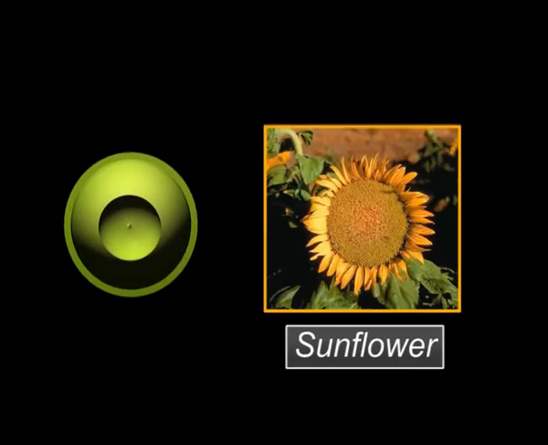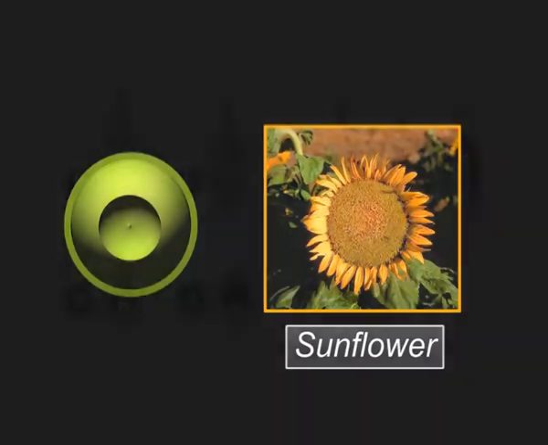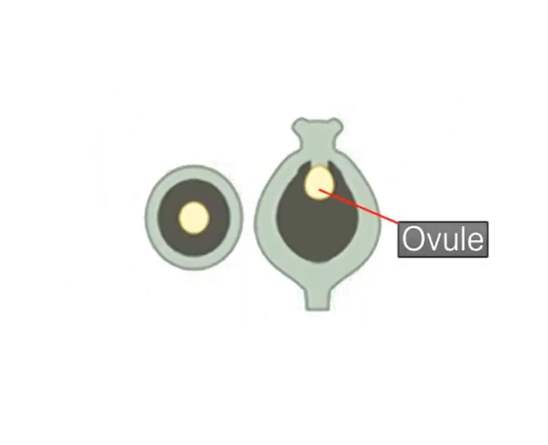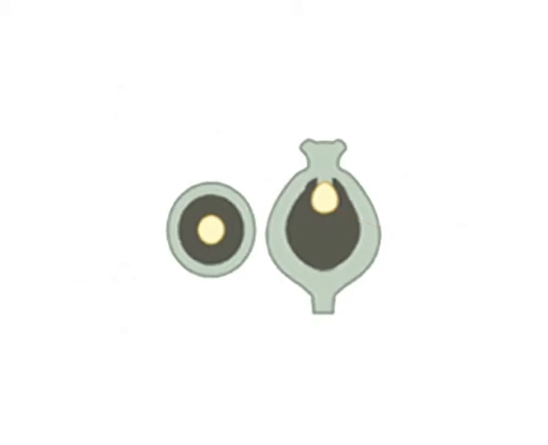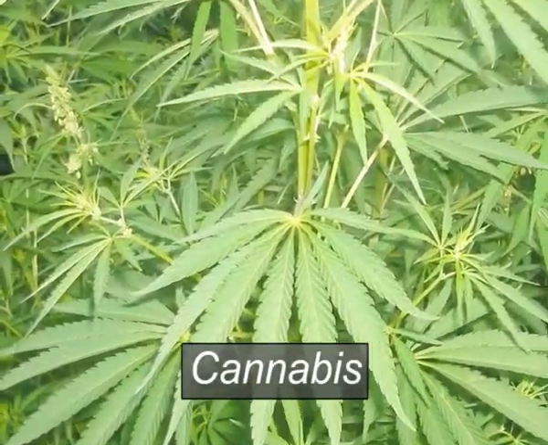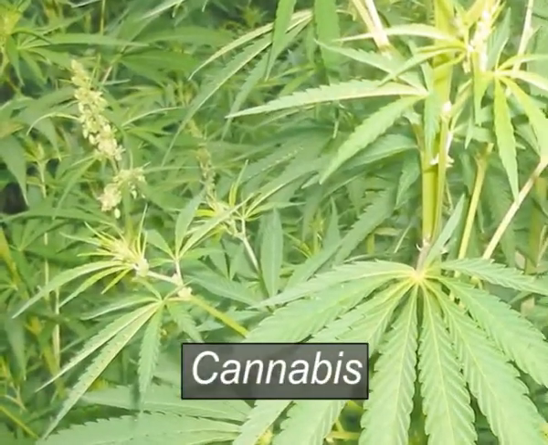Sunflower possesses basal placentation. Sometimes an ovule is attached to the apex of a unilocular ovary and hangs downward. This type of placentation is known as apical placentation and is found in cannabis or bhang.